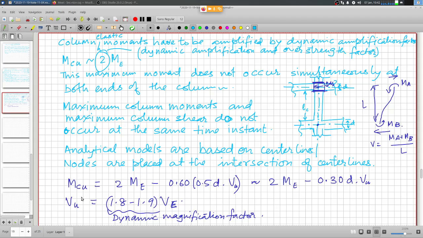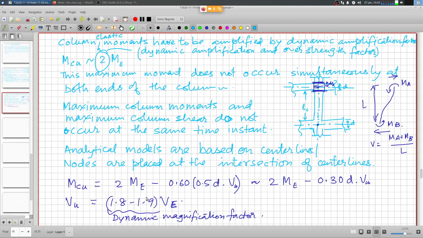So except at these two locations, the columns in general should not develop hinges, and that can be achieved if we make provision for the overstrength of beams, and also for the dynamic amplification of the stress resultants during mode superposition dynamic analysis, and use that for our design.